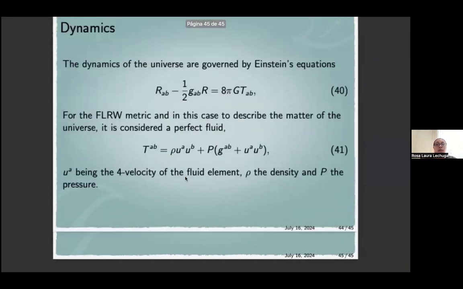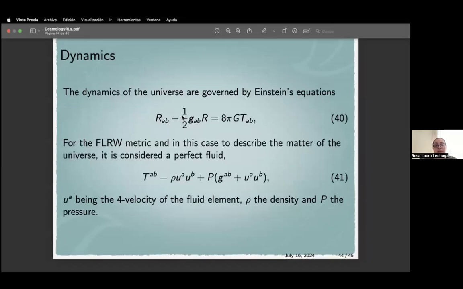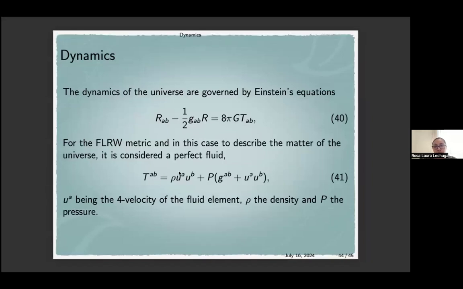And for this quantity, you can read the 0-0 in terms of the U^0. You can remember that the velocity should be normalized, and then you have that U^0 U_0 equal to minus 1, and you multiply by this density, and the same for this quantity.